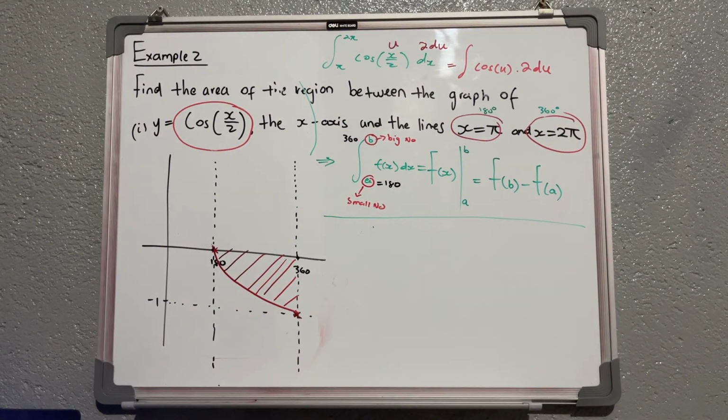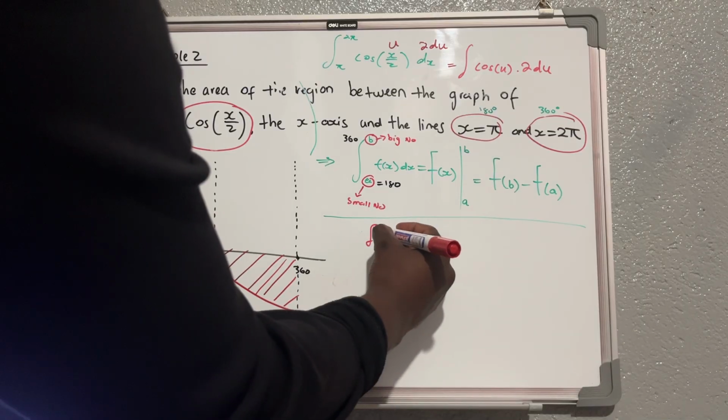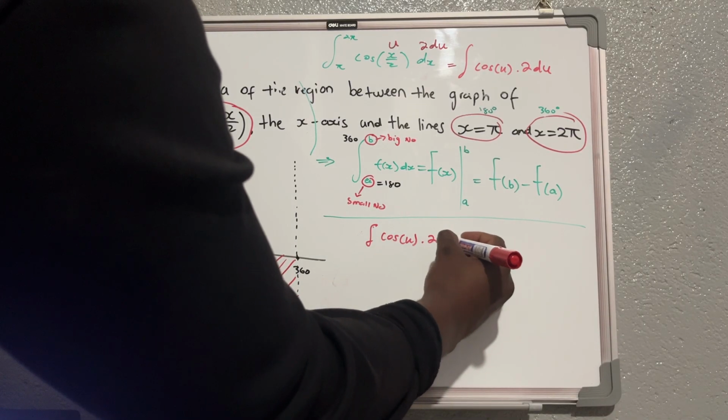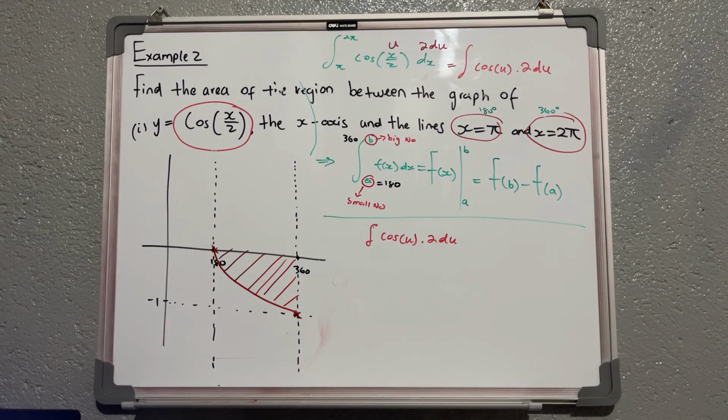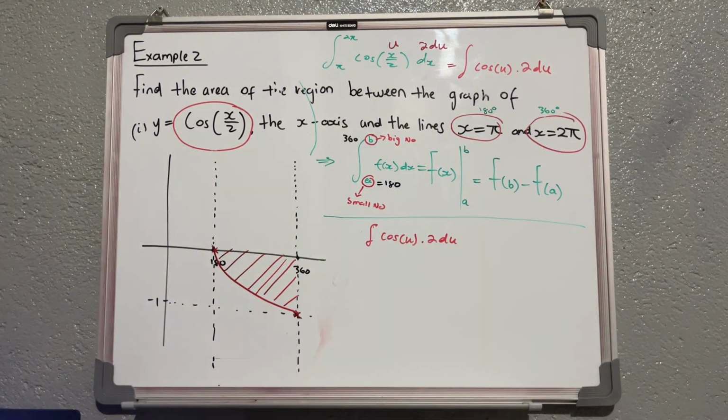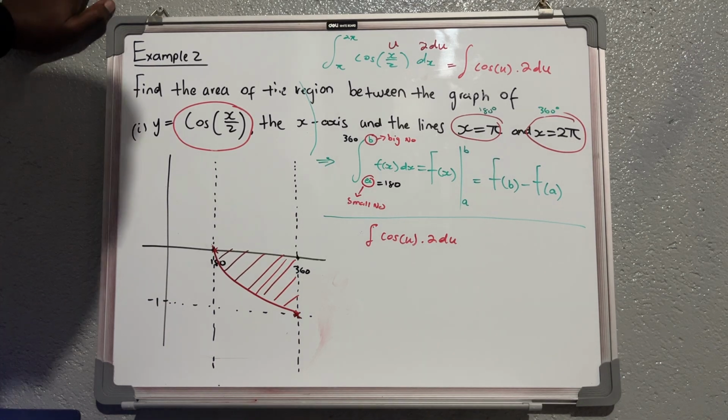Okay, so since now I have cos of u multiplied by 2 du, it's possible for me to take this 2 to the other side in the meantime and work out whatever is left that side, and when I'm done I will bring it back to the right hand side.